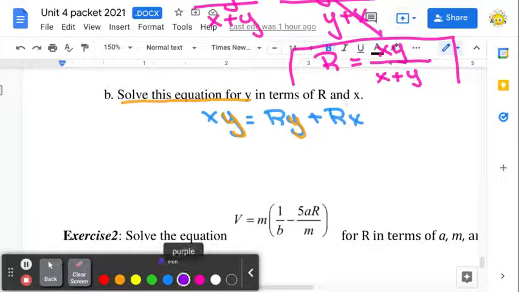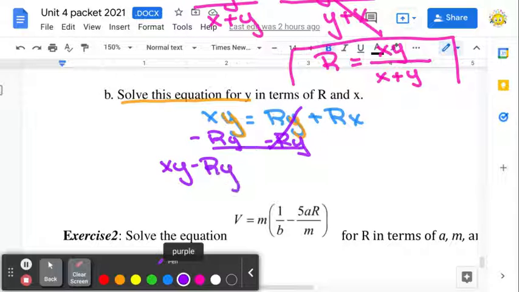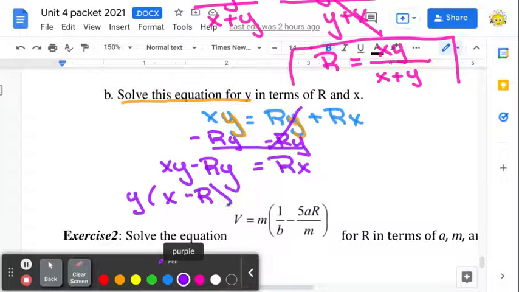So I'm going to start this by subtracting this y term over here. So now we have xy minus ry equals rx. Remember, we want y by itself. So just like we did up above, I'm going to take out a GCF, y, leaving y times x minus r equals rx.